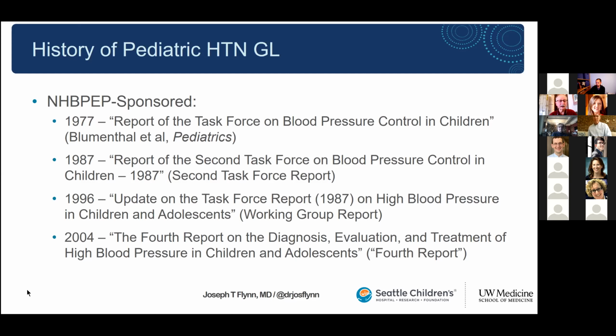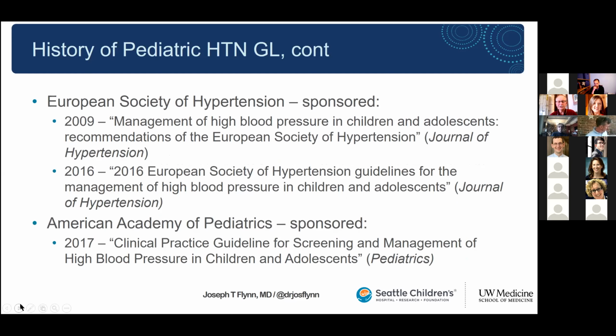And then there was a gap. And there was a gap for many reasons, one of which was because the NHLBI decided to get out of the guidelines business. So in a parallel sort of development, the European Society of Hypertension issued 2 series of pediatric blood pressure guidelines in 2009 and 2016.